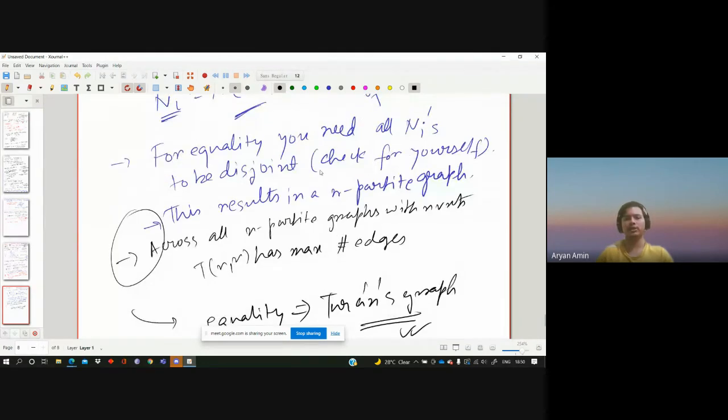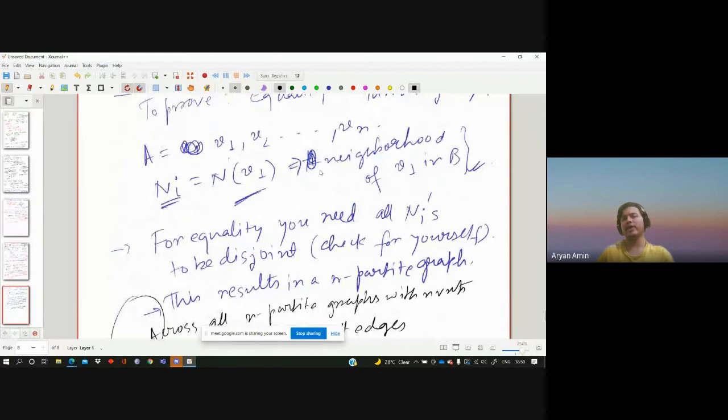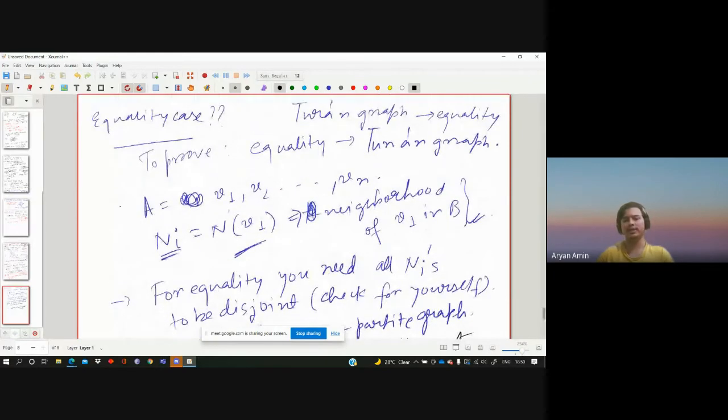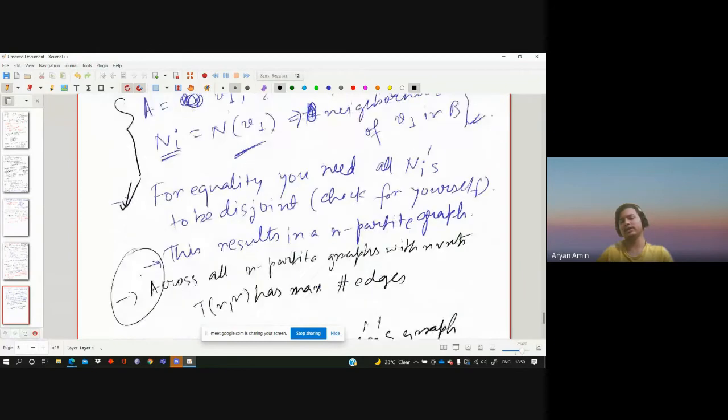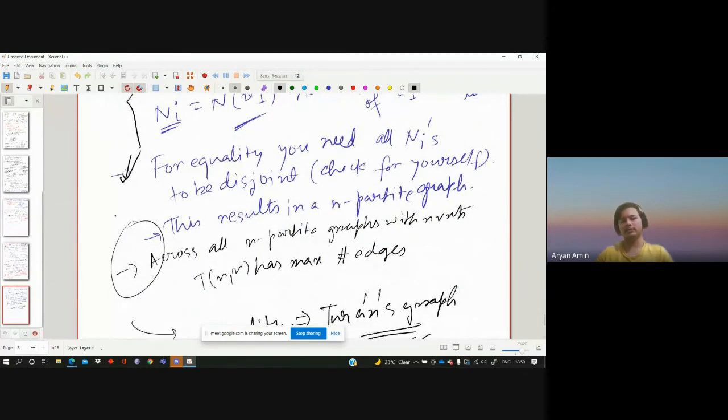Are there any questions regarding this proof, how it works? So for equality cases, you can just check this out for yourself. The Ni's must be not just disjoint, but independent as well.